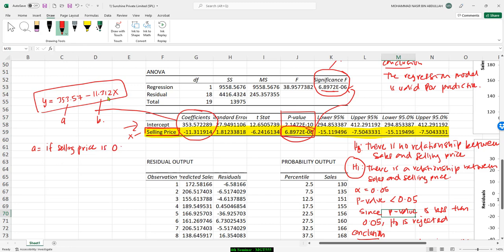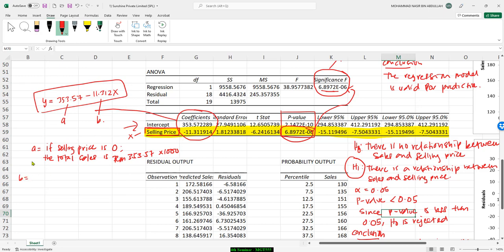Means we don't know the selling price, the total sales is RM353.57 multiplied with 1000 lah, right? So basically selling price cannot be 0 lah, right? But this is a logical explanation for the equation.